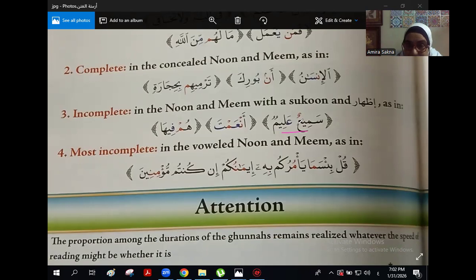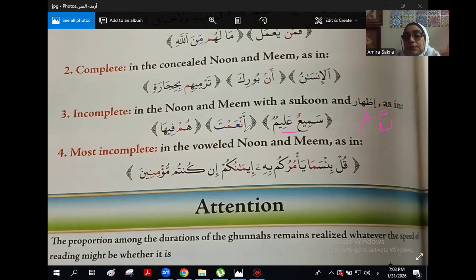Pay attention, my dear sisters. When I pronounce noon with sukun or meme with sukun, the time of the ghunna is the time of the letter itself, which is an in-between letter, bayniyya. Only. Do not extend the time, and do not make it shorter, of course.